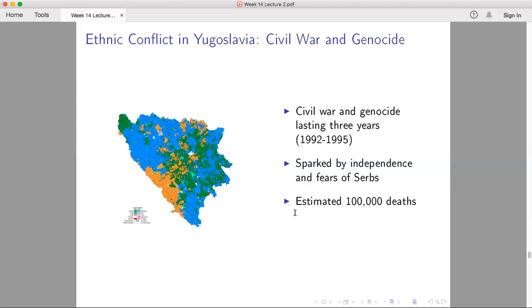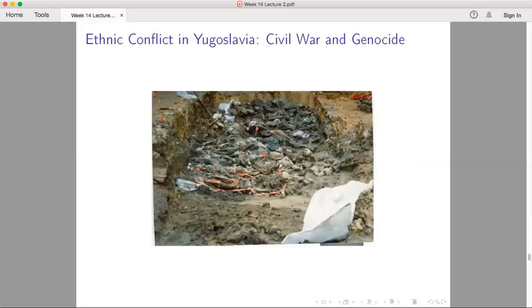Overall, there were about 100,000 deaths over the course of this civil war, and some of that was sparked by the genocide of Bosniak Croats and Muslims by Serbs. So, in one particular event in Srebrenica, about 8,000 Muslim male youths were killed, slaughtered basically, and buried in a mass grave.